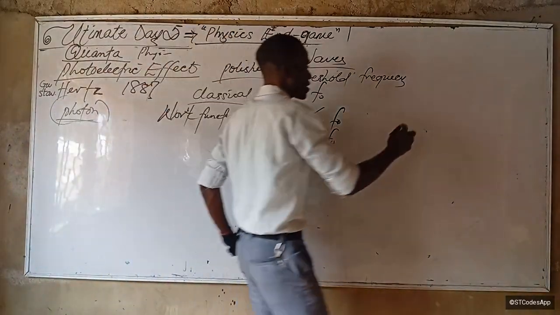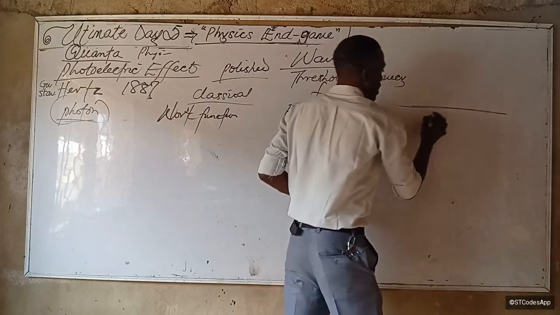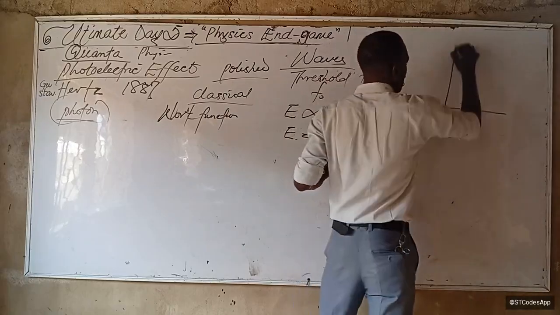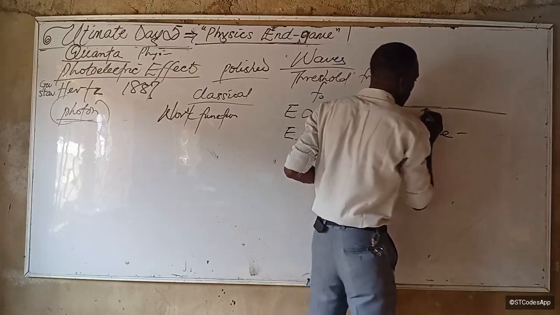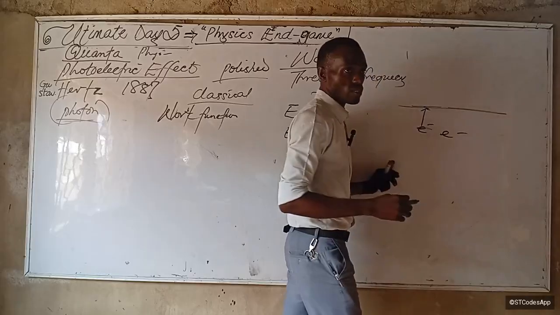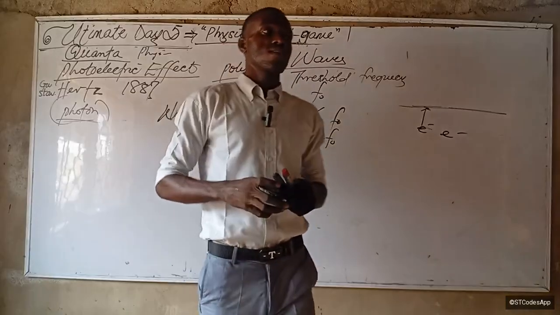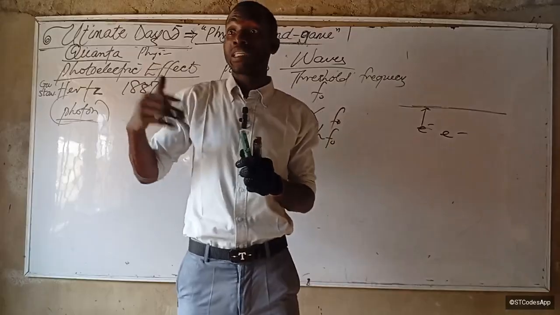So if the metal plate was at a particular level like this, the electrons are locked in here. For example, electrons are locked in here. So the minimum amount of energy required is to first move out of this plate, to escape this plate. Just like we did in this thing. We said that electrons can actually move from one energy level to another energy level.